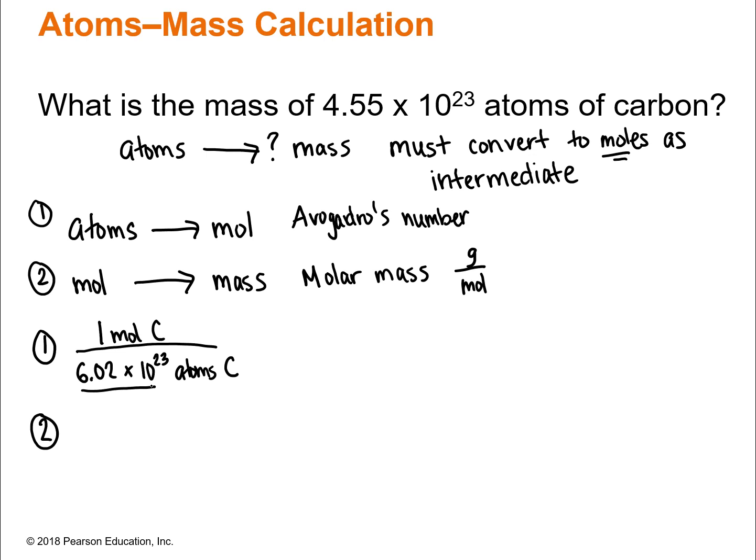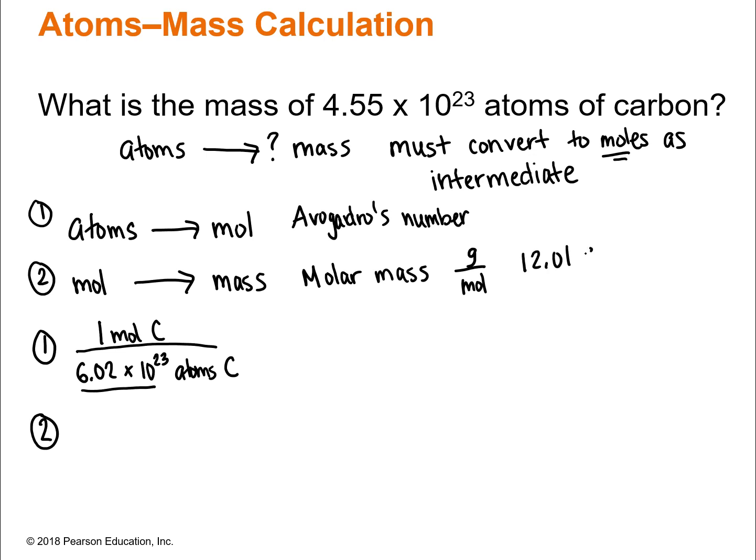So for the second part, we're going from moles to mass. And in this case, the mass is in grams. Where do I want to put those grams? Should they be in the top or should they be in the bottom? Because remember, the molar mass is just another unit factor. So grams in the top or grams in the bottom? We should put our grams in the top.